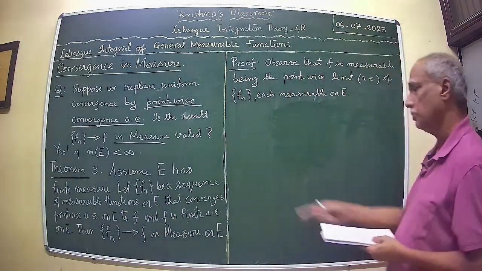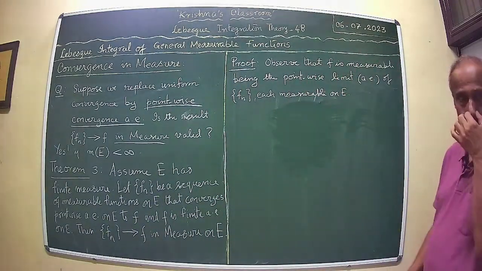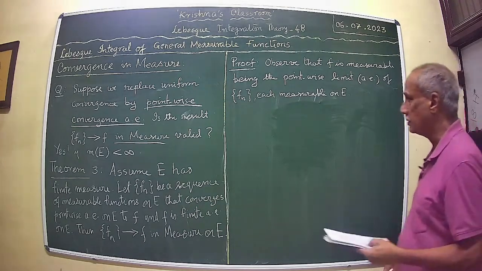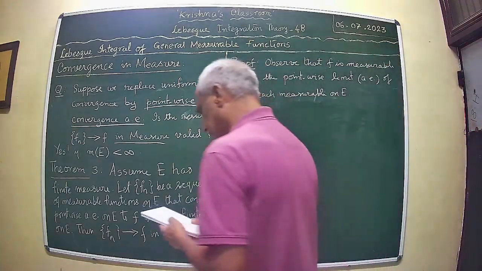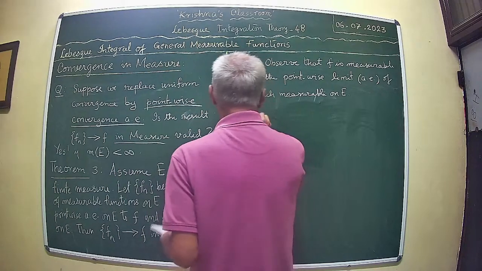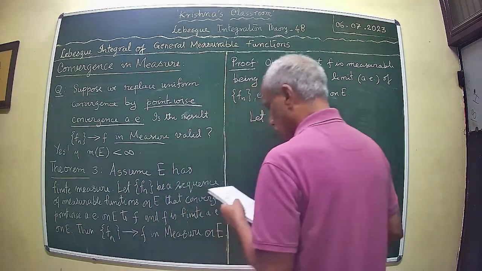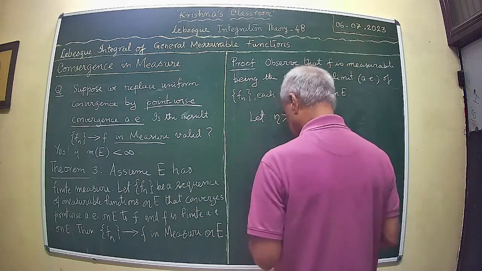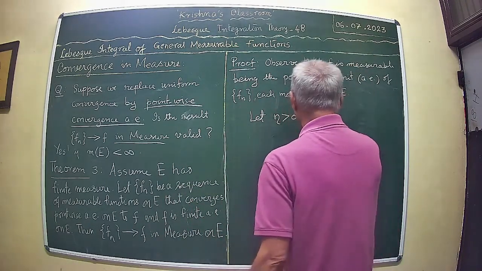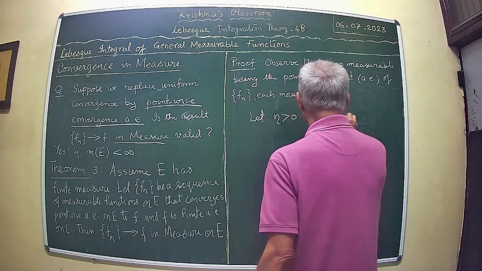Now let us try to arrive at the conclusion of the definition. That is, Fn converges to F in measure. So let eta be positive, let epsilon be positive.